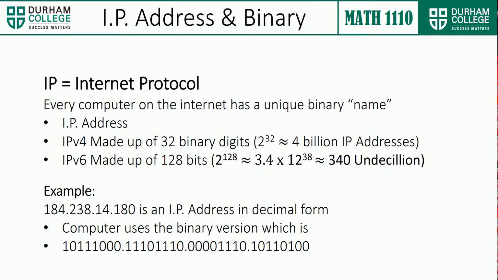And it's unique, of course. If it's an internal local area network, it doesn't have to be unique, so we have the concepts of private and public IPs. I'm not going to go into that.